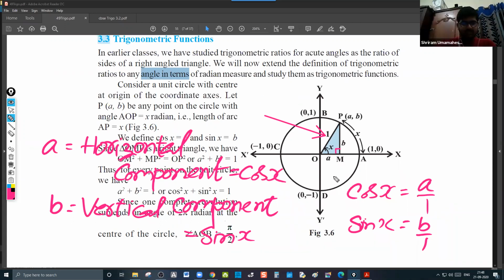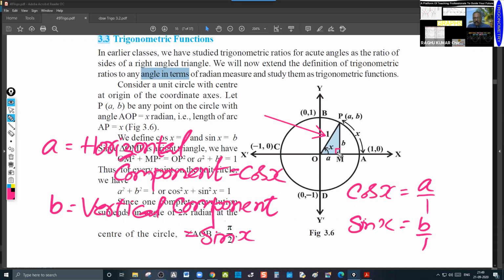So cos x is the horizontal component A and sin x is the vertical component B. This is what you have to understand. Now, let us understand clearly. Very nicely, you can understand this. If x becomes 0, let me explain.